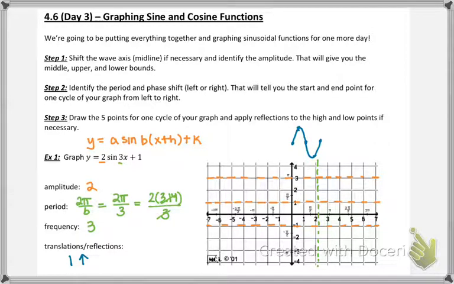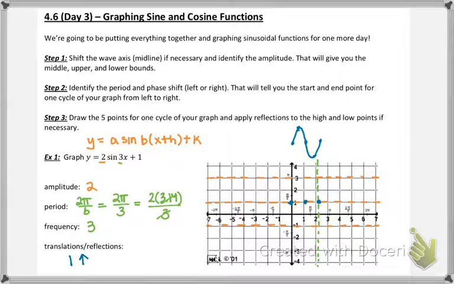So my first point is going to be at (0, 1). And then the next time that my point is at the exact same spot after 1 full cycle is going to be just past 2, so right here. In between these 2 points, I know it's going to hit the wave axis again, so that's a little bit more than 1.